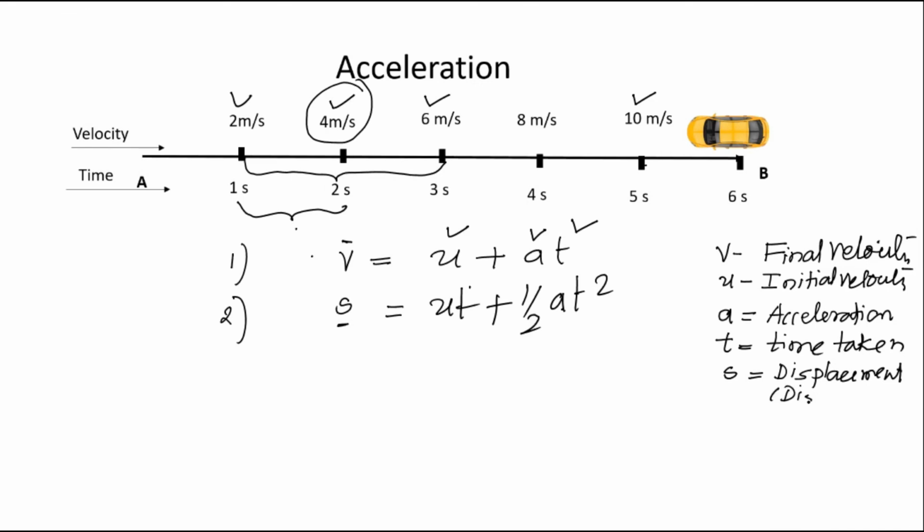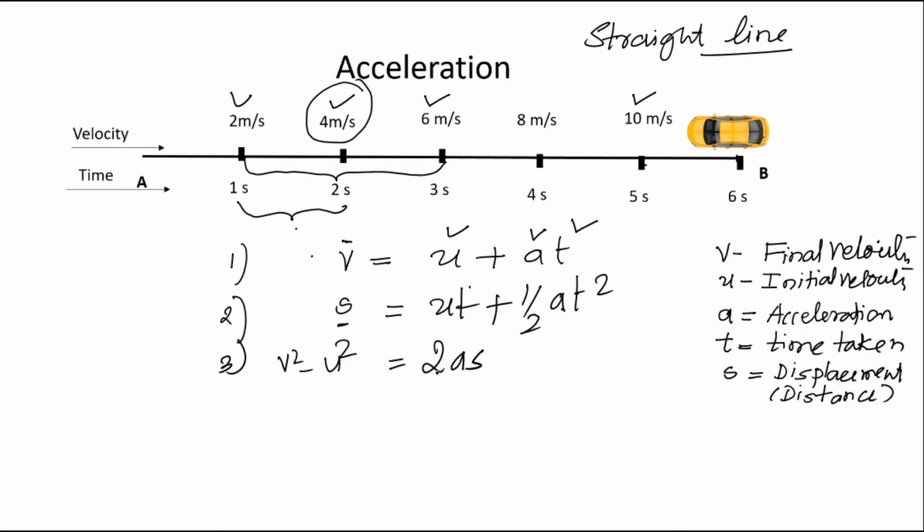Because in our case here, distance is equal to displacement, because we are concerned with movement on a straight line. Linear motion. The third is v square minus u square is equal to 2as.